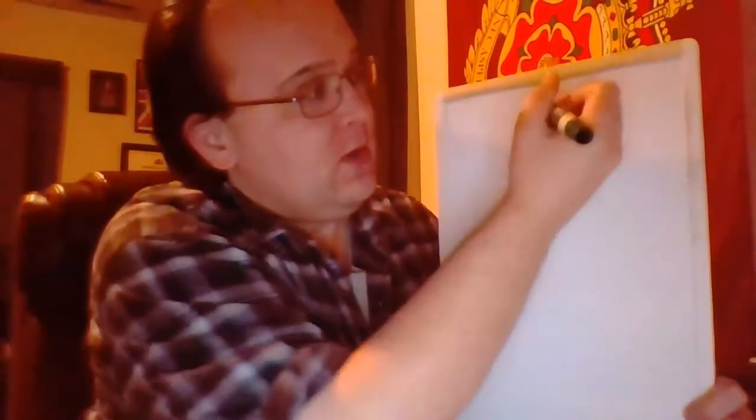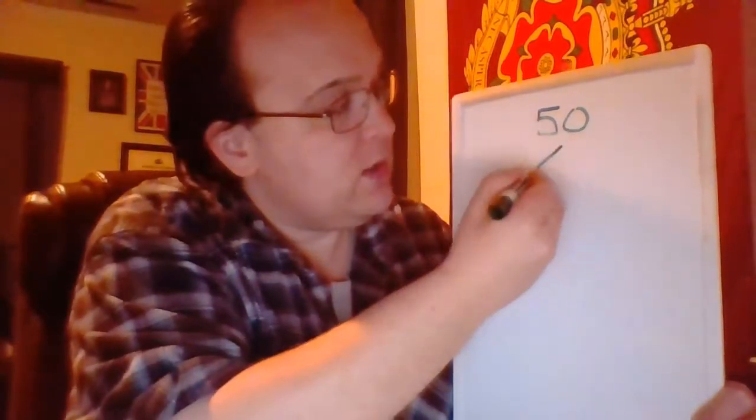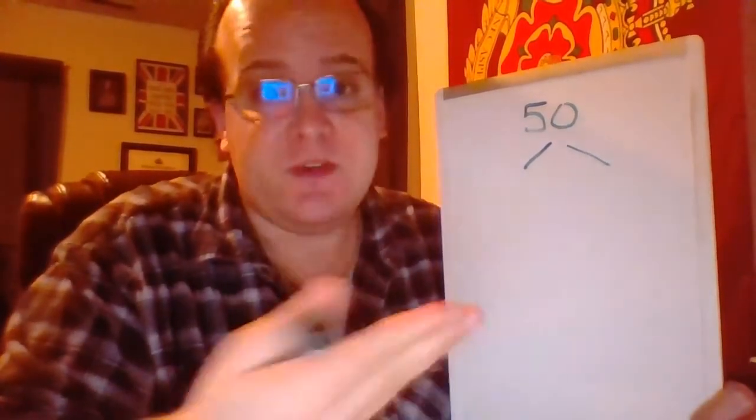All right, so 50. We're going to try to find the prime factors of this number. So if we know our multiplication tables, we know, well, okay, 10 and 5. 10 times 5 is 50. 5 happens to be a prime number.